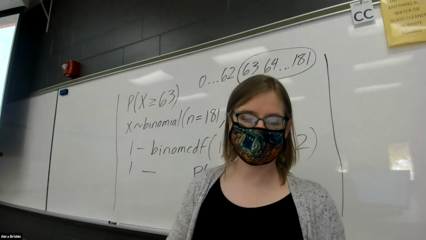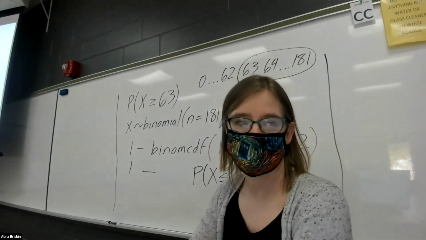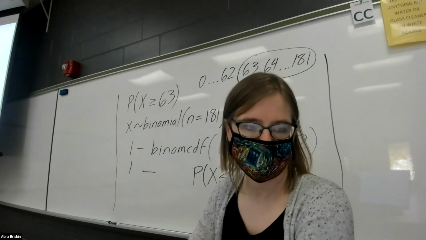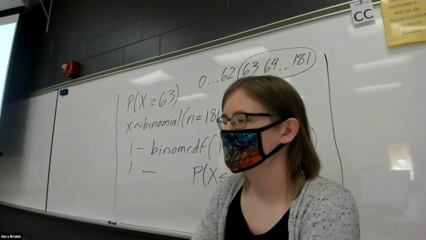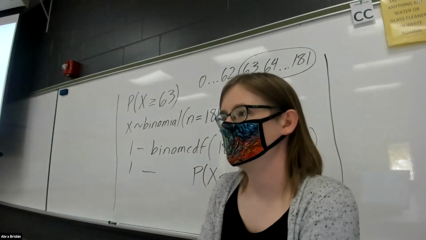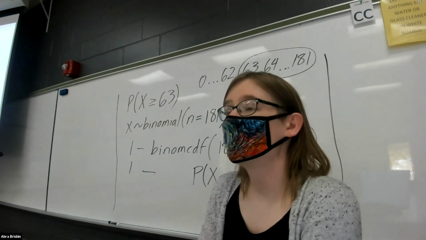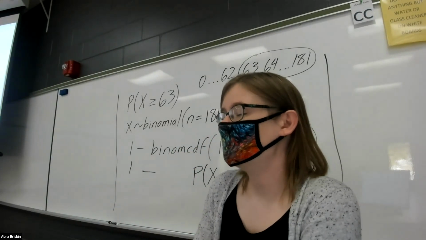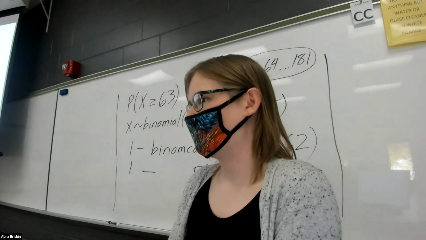That relies on the idea that when your sample size is large, like here we had a sample size of 181, our null distribution is going to be approximately a normal distribution. So that can be a quick and easy way of calculating the p-value. It's especially easier when you're using a two-sided alternative hypothesis.